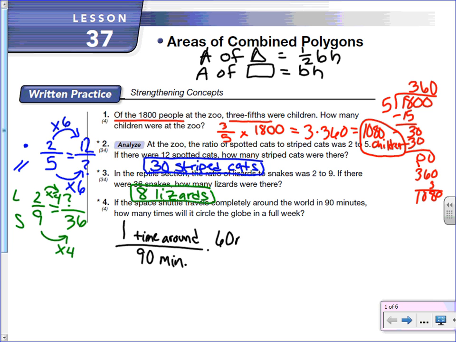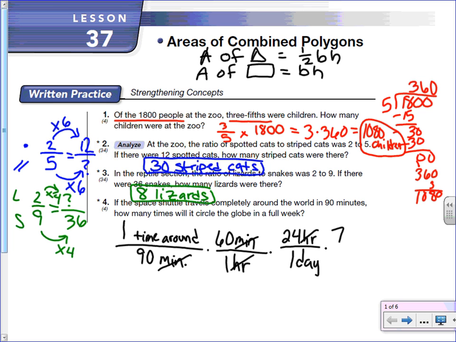Then we have 60 minutes. I put it on top so it can cancel the minutes on the bottom in the previous one. Per 1 hour. Minutes cancel. Then I have 24 hours on top again so it cancels it on the bottom per day.